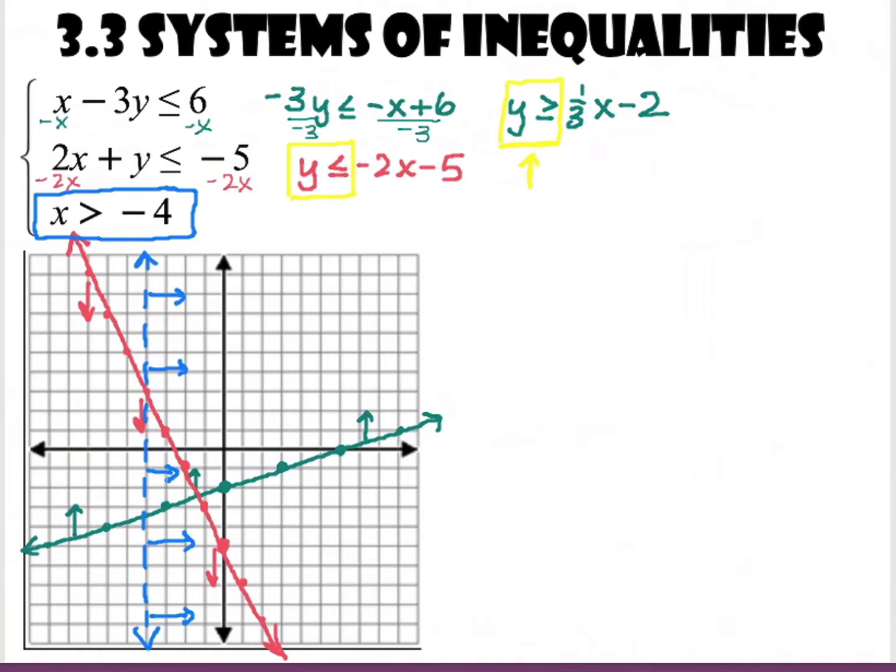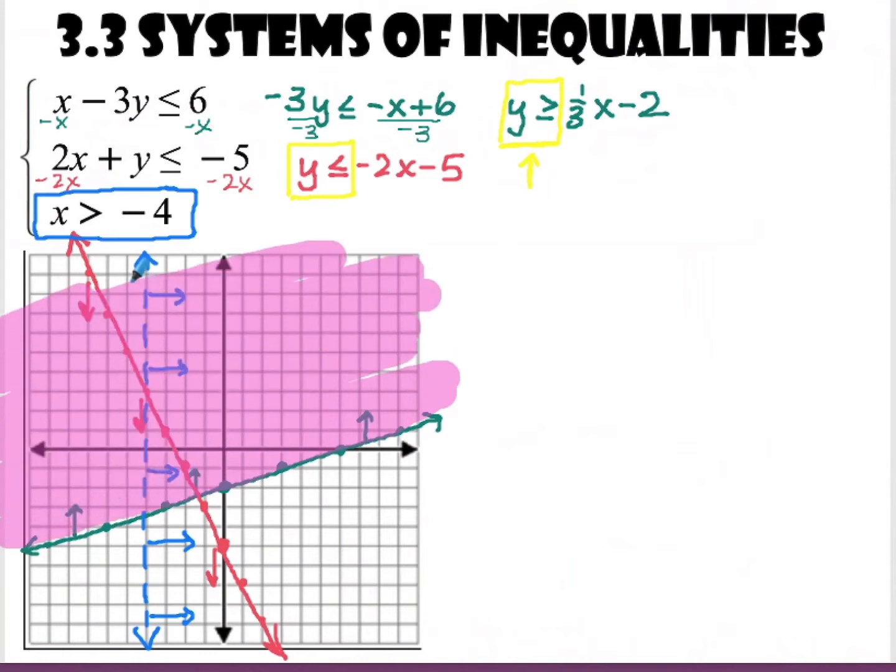And now the question is, what got shaded all 3 times? Because that's our solution. Normally I won't have you do this, but just to demonstrate, remember our green line, we would have shaded everything above the green line. And then for the reddish line, we would have shaded everything below the reddish line.